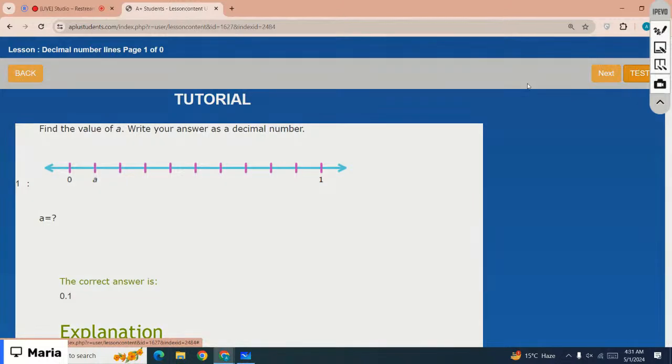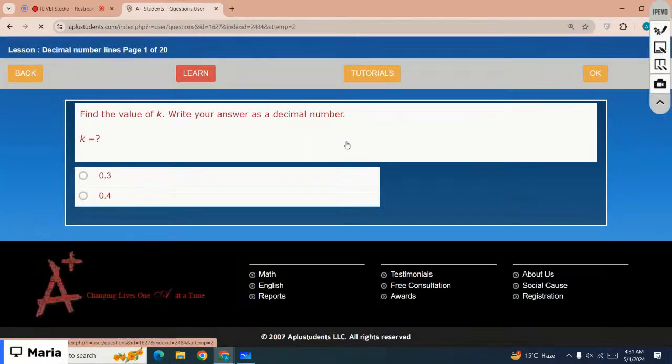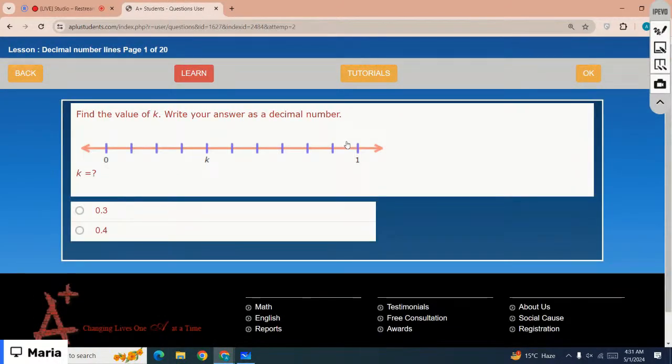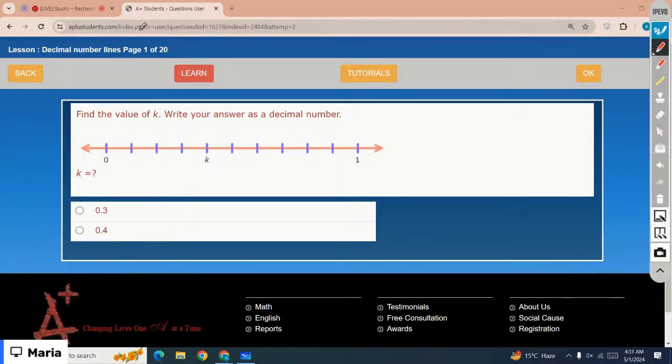Let's just start with the test questions. Okay, find the value of k. Write your answer as a decimal number. So which is the correct option? This is 0.1, 0.2, 0.3.